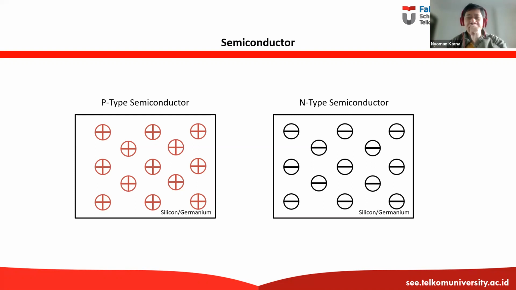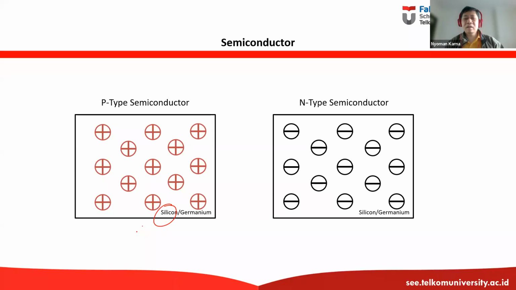Let's say, for example, I have something that we call silicon, or we can use germanium. But in this case, we use silicon. Silicon in nature is a pure resistor. So we cannot put a potential or battery on both sides of the silicon and expect a current to flow through it. That's not going to happen because silicon is a pure resistor.